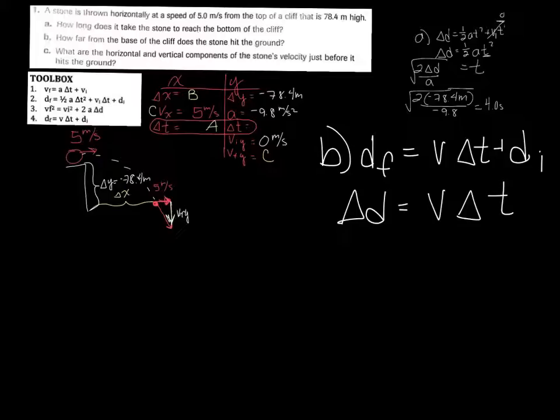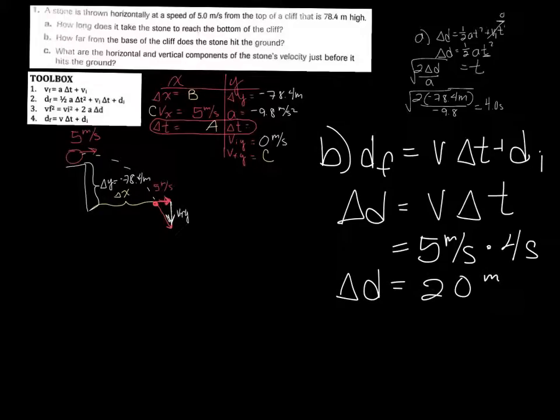And so this equation is already solved for change in position, so I don't need to do any other rearranging here. I just need to plug in my information that my velocity is 5 meters per second and my time is 4 seconds. So my change in position will be 20 meters, not meters per second.